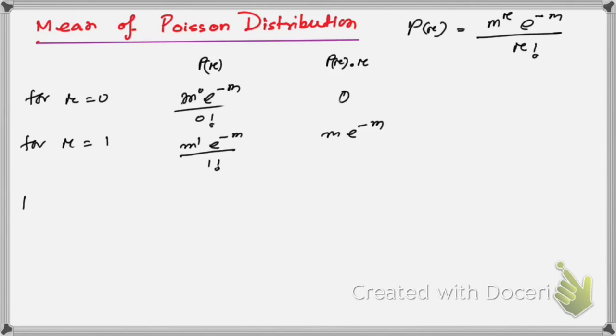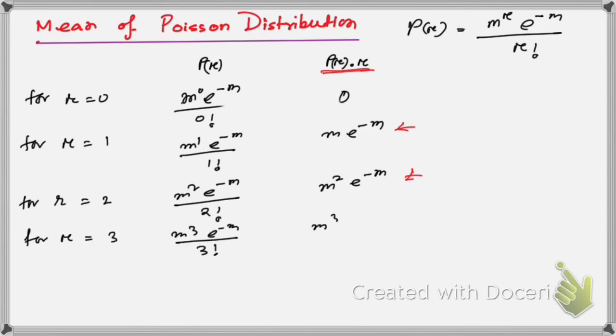So P(r) into r will be this one. Then if you put r equal to 2, you will get m square e to the power minus m by 2 factorial. If you multiply this by 2, you will get this result, right? Then if you put 3 here, you will get this result.